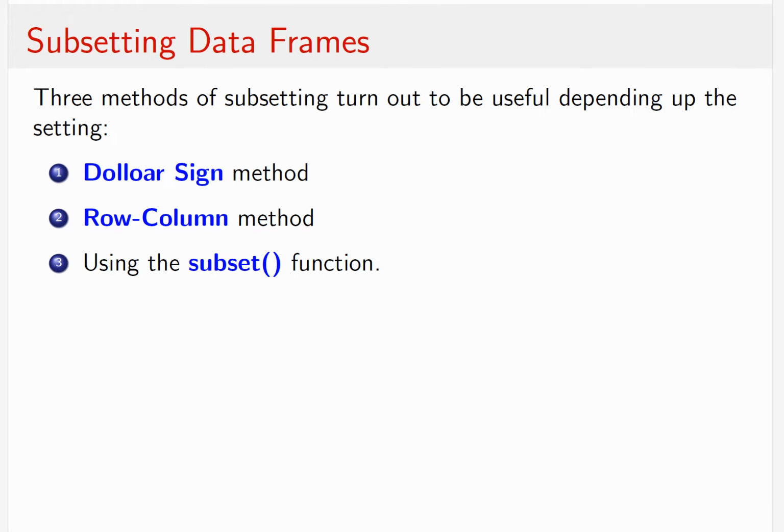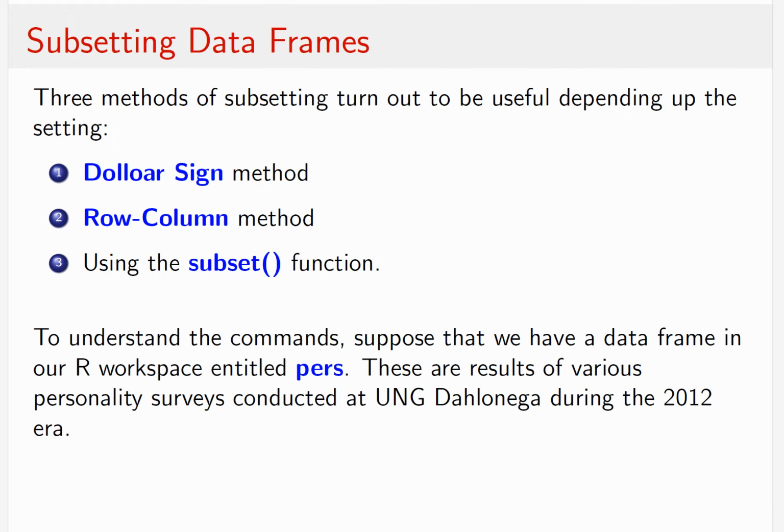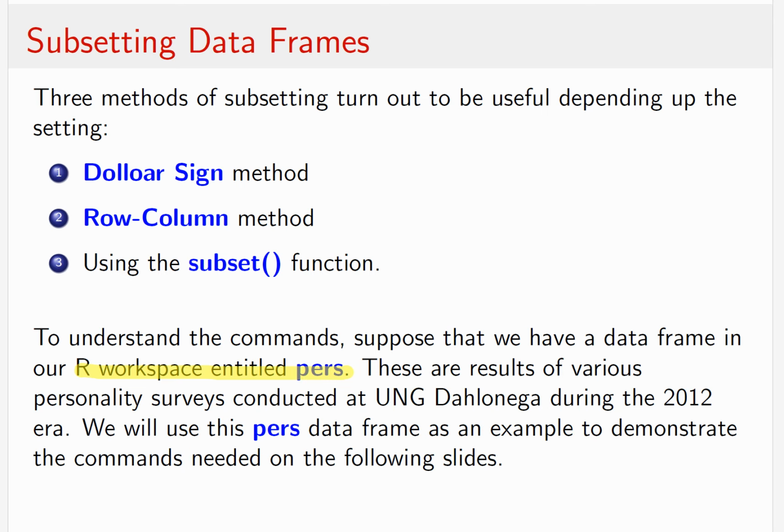And you'll see that in just a second. The first one we're going to go over is $, but notice what we've got here. We're assuming that we have the personality data set already loaded using read.csv. And if we have that, these examples will make sense.